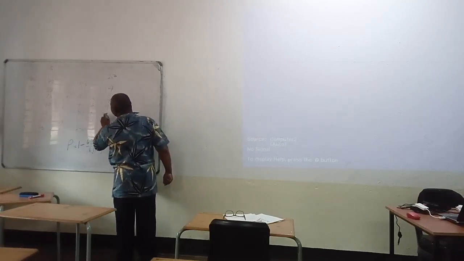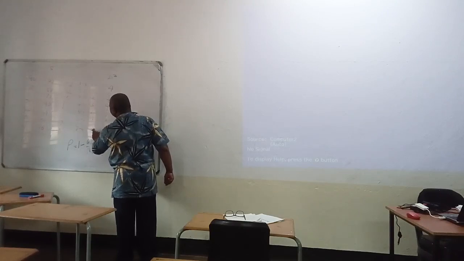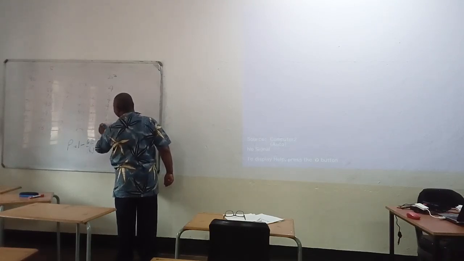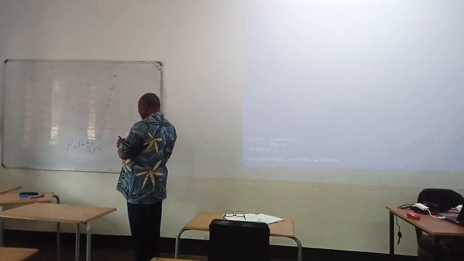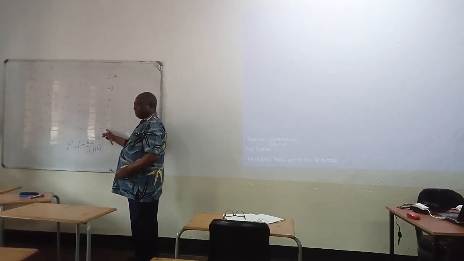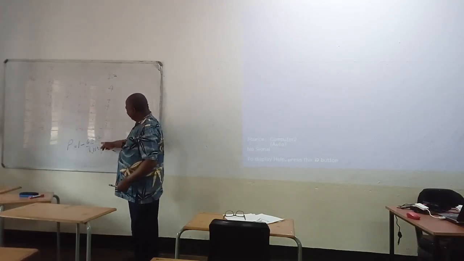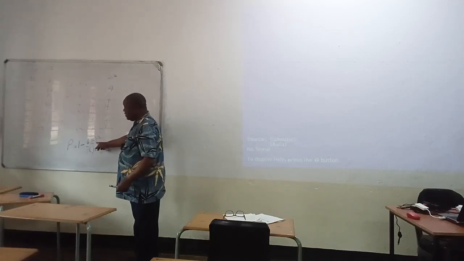Minus 1 times minus 1, 1. Minus 1 times minus 1, 1. 3 times 3, 9. So now you have got a sum of d squared if you add this.